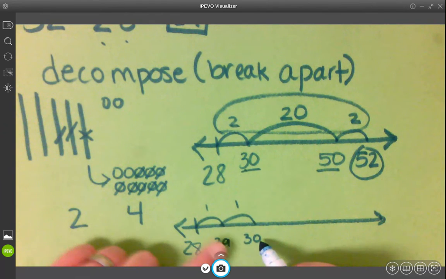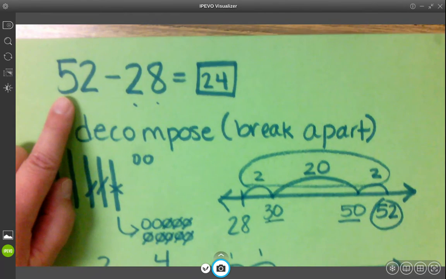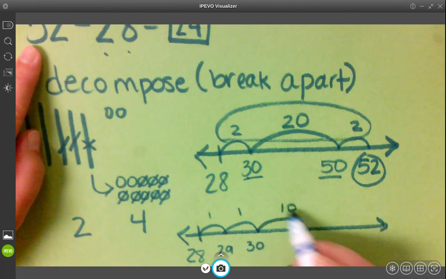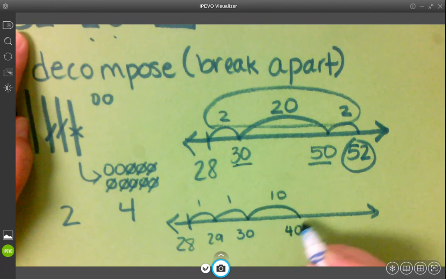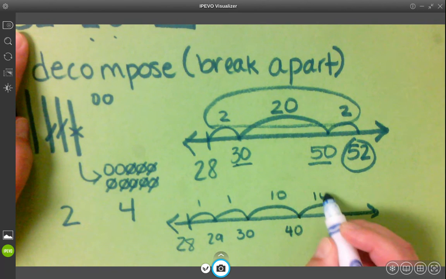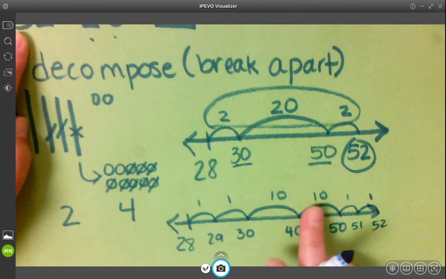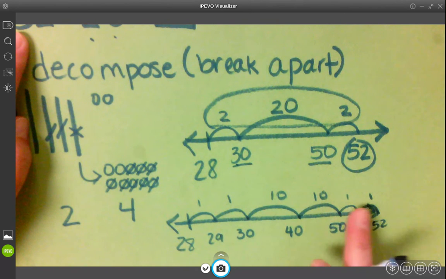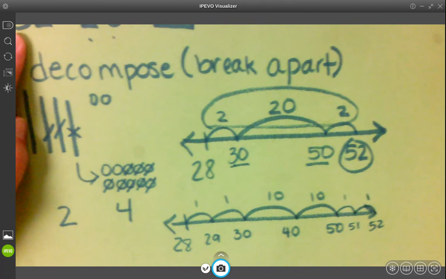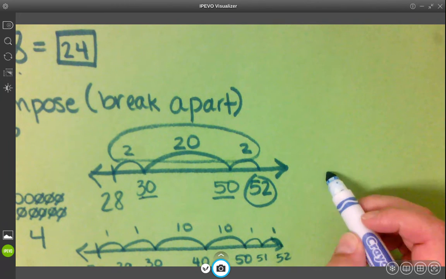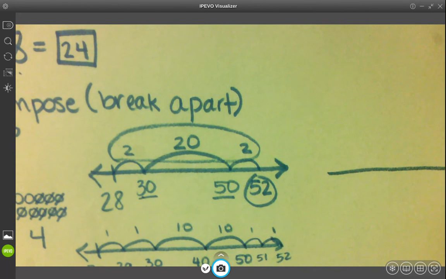In 30, I can jump to 50 by going 10, and I get to 40, 10 to get to 50, jump 1 to get to 51, and another one to get to 52. So that's 10, 20, 21, 22, 23, 24. Still the same thing. Number lines, because this is subtraction, you can start at 52 here.